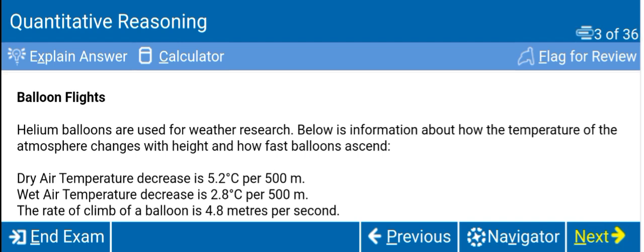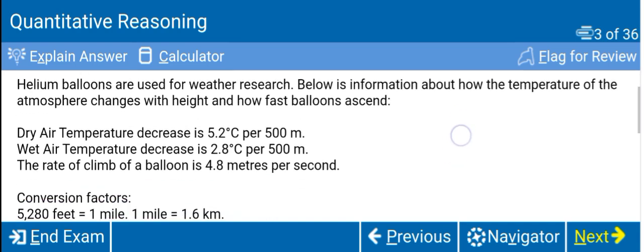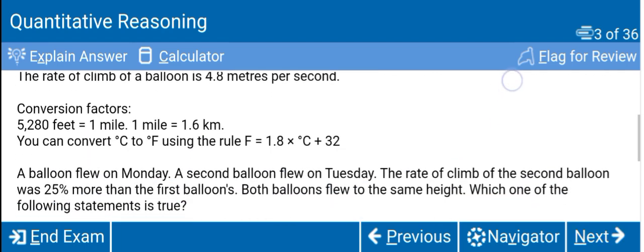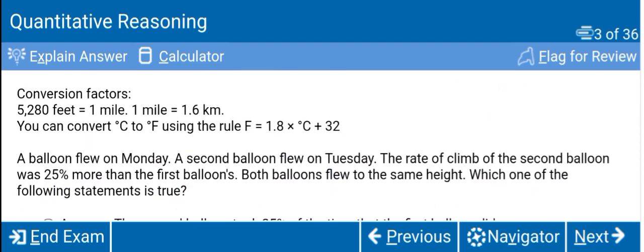Next we have a question number 3 with the same information given in the passage, as you can see here, but the question is different, which says a balloon flew on Monday, a second balloon flew on Tuesday.